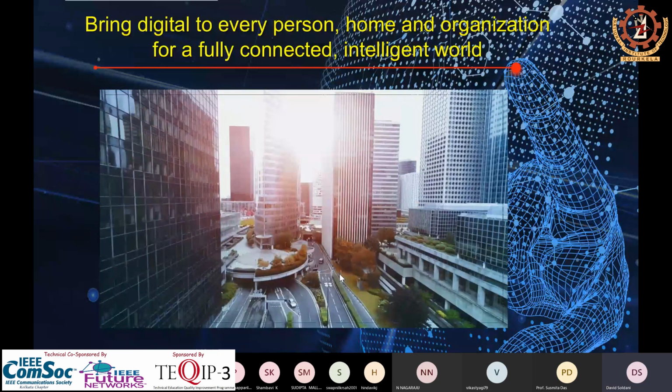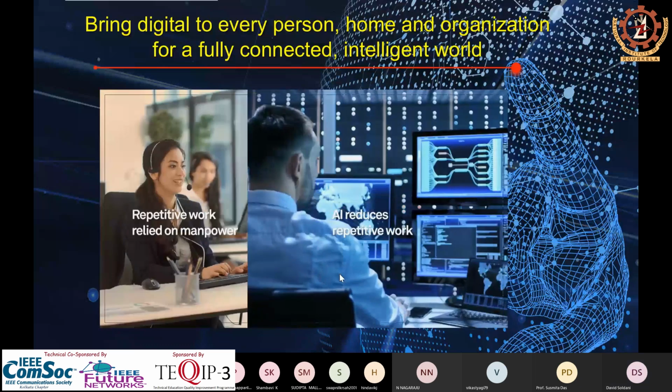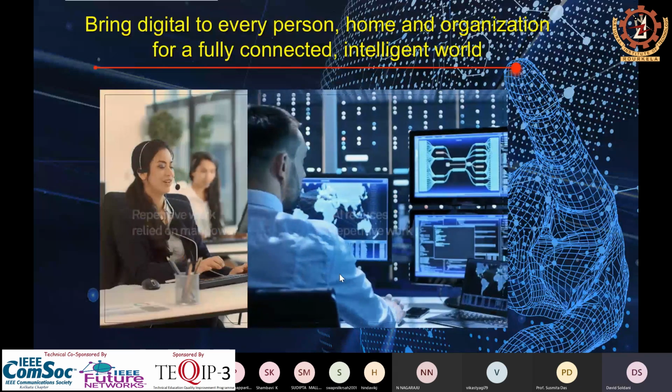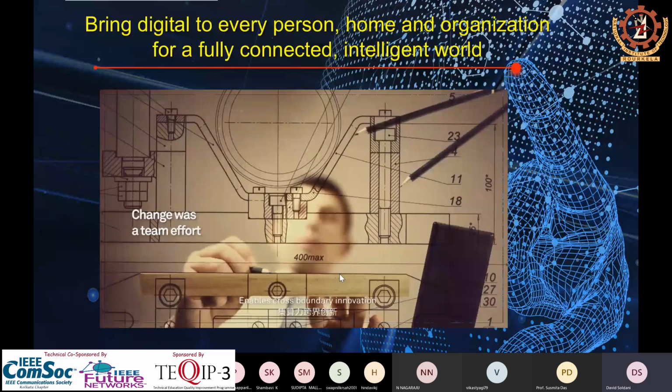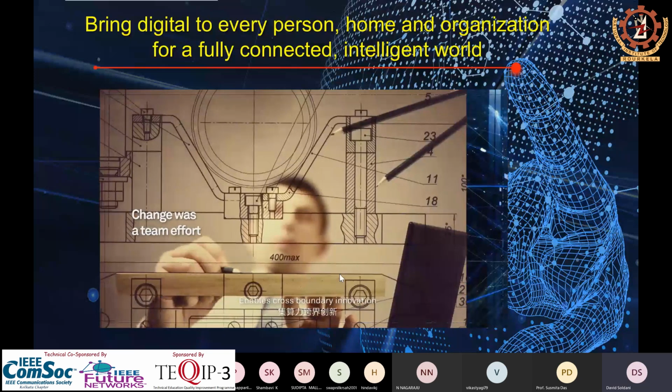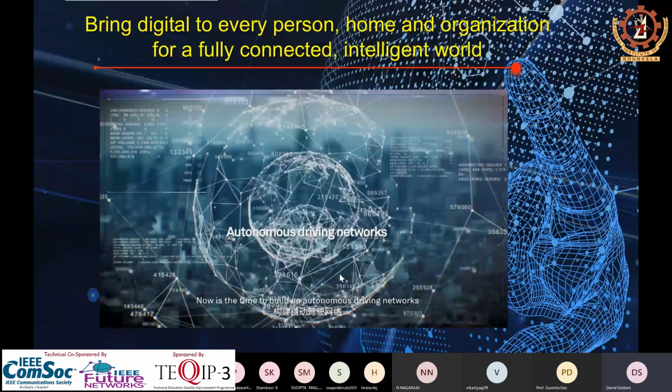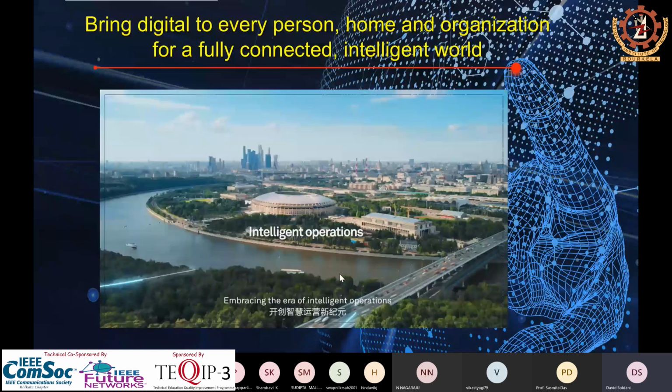AI repetitive work aggregates knowledge from generation to generation, enables cross-boundary innovation. Now is the time to build an autonomous driving network, embracing the era of intelligent operations.